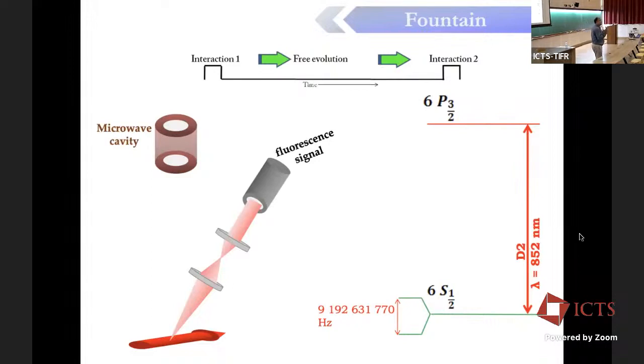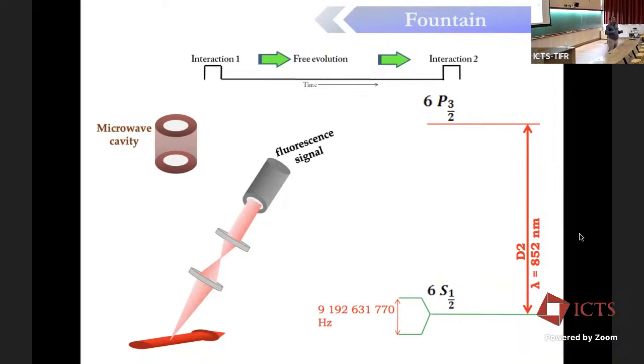In between, after this cavity and as they are coming back, there is free fall. So it's a non-interacting zone. That's how the Ramsey interferometry is done in the atomic fountain. And why is it a fountain? Because it looks like a fountain. In a water fountain, the water goes up and then falls back.